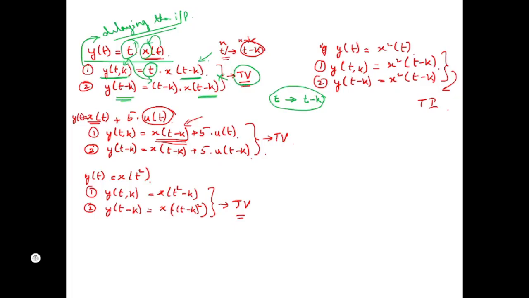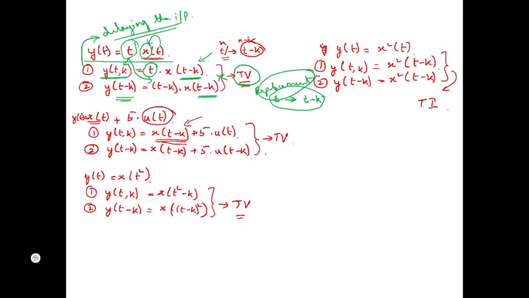So in the first case you delay the input, and in the second step you replace t by t minus k. Wherever you find t or n, you just replace it by t minus k or n minus k. It is just the replacement. First one is delaying the signal, second is the replacement.